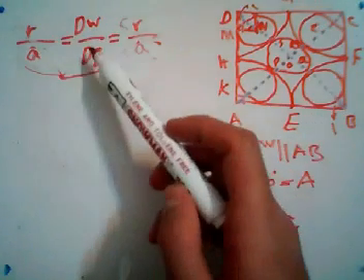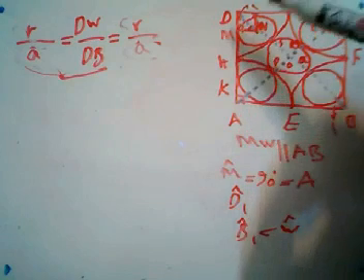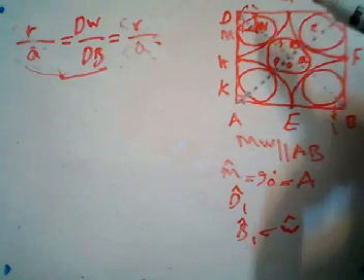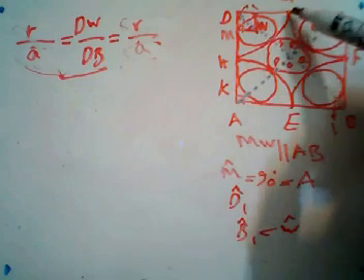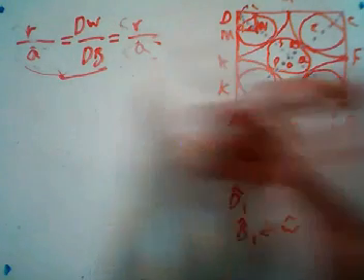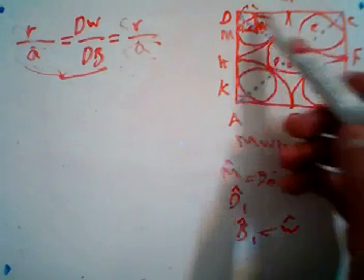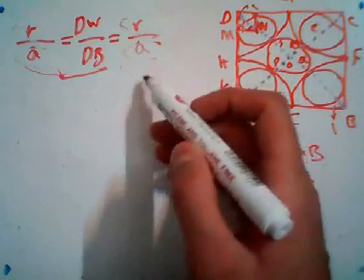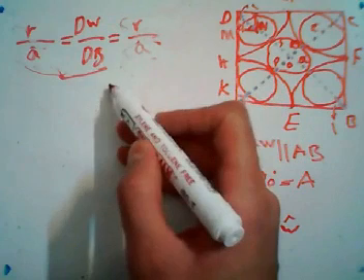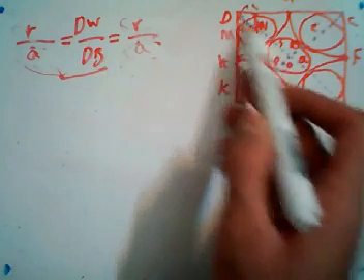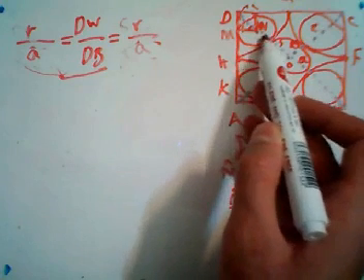Now, here DW also equals the radius of the quarter, which is half of the side, or A over 2, minus the radius of the inscribed circle itself.